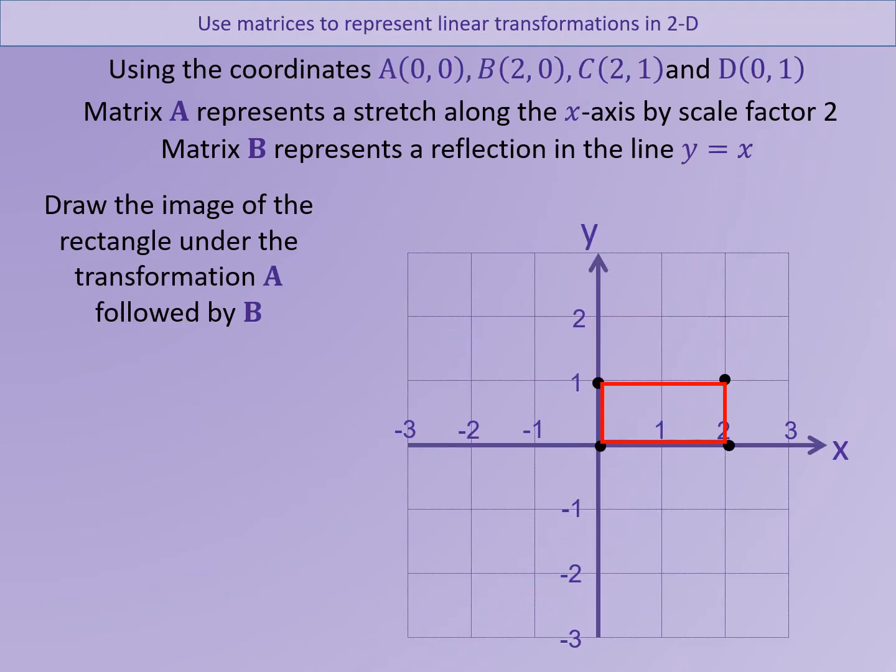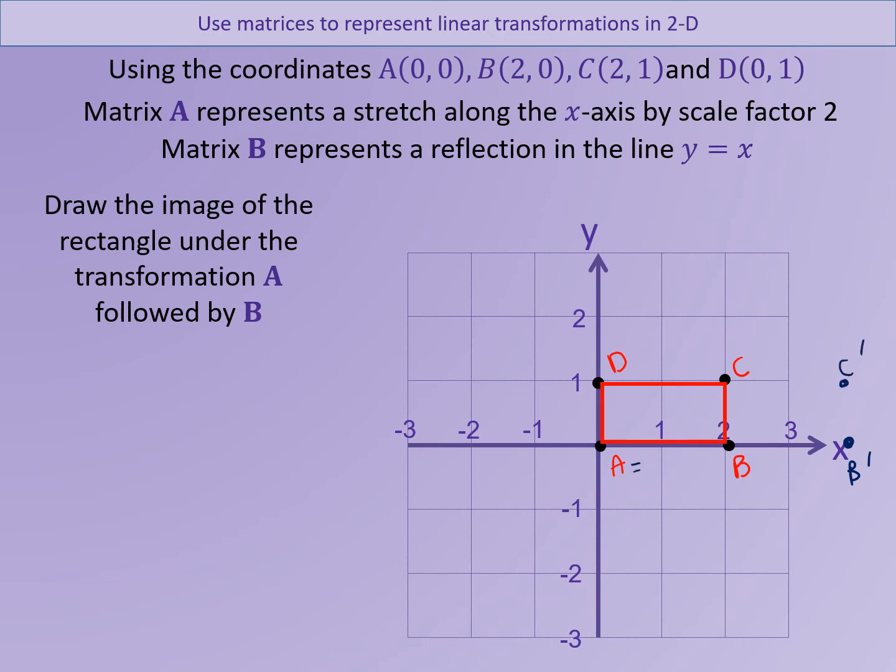Okay, so taking a look at those coordinates then, so we have A, B, C and D, and we're going to perform the first transformation A, which is a stretch along the x-axis by a scale factor of 2. So this will take our coordinates from 2 up to 4 here for B, so this will be B prime. And C, if you remember, will go to C prime up here.